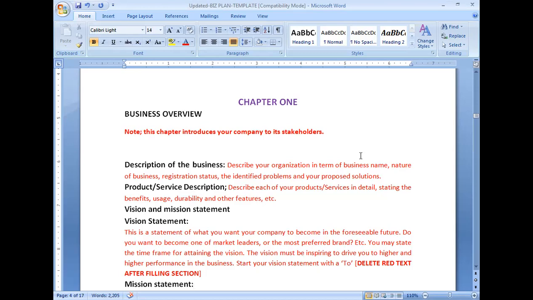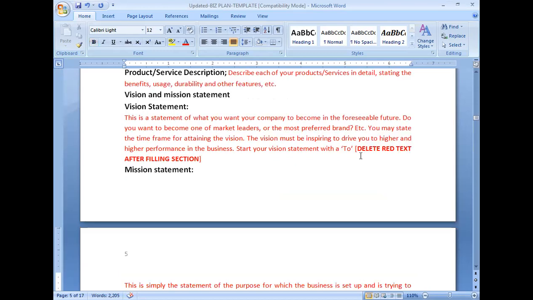Somebody who is a service provider like an event planner can list their services, let's say rentage, catering services, cake making, ushering supply and so forth. Just list each of your services and other viable information about those services that will convince customers about your products or services.